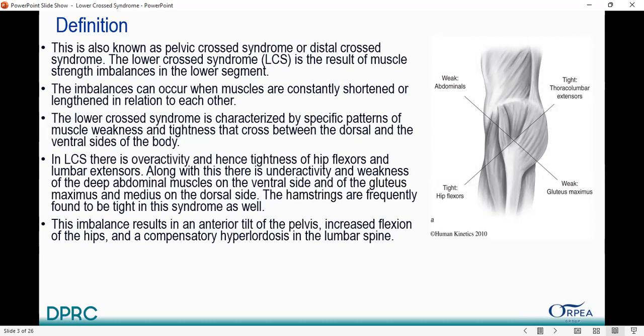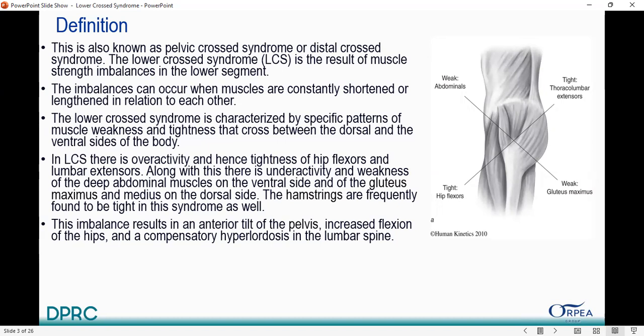The lower cross syndrome is characterized by specific patterns of muscle weakness and tightness. I have already discussed that cross between the dorsal and the ventral side of the body. So there is an overactivity and hence tightness of hip flexors and lumbar extensors, along with underactivity and weakness of deep abdominal muscles on the ventral side and of gluteus maximus and medius on the dorsal side.